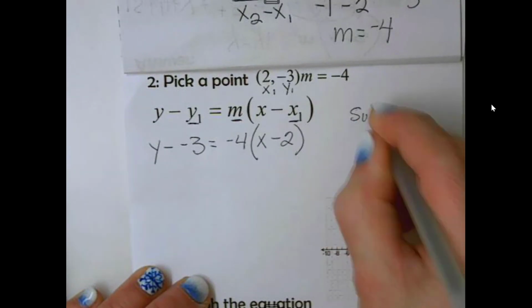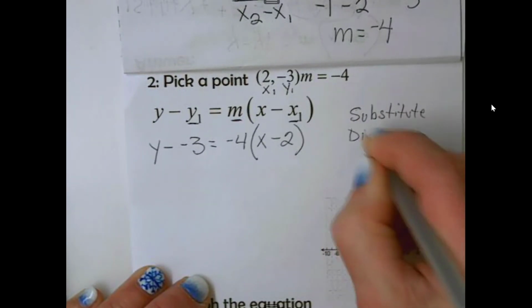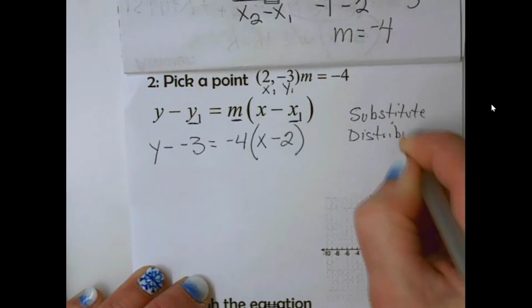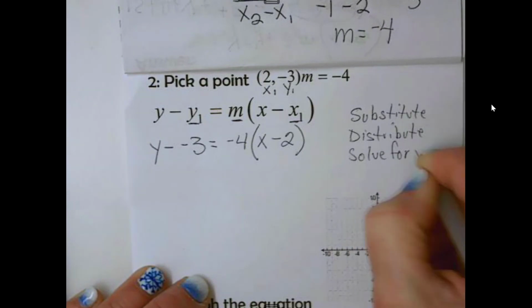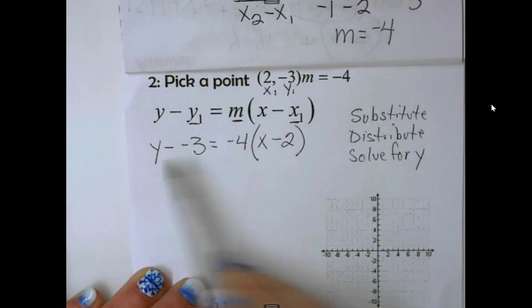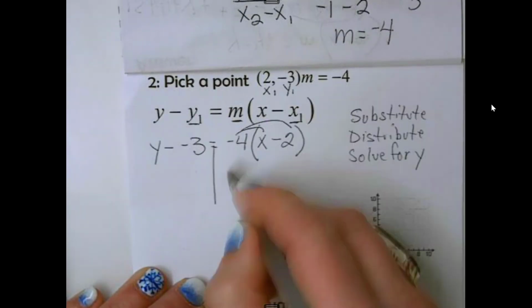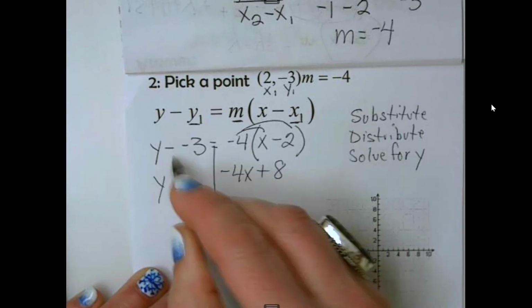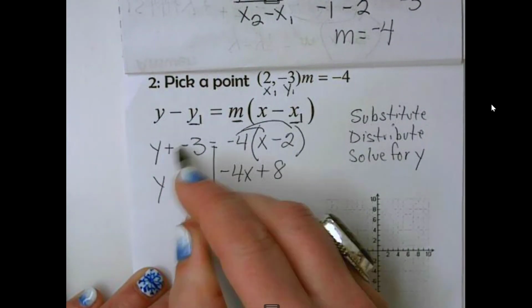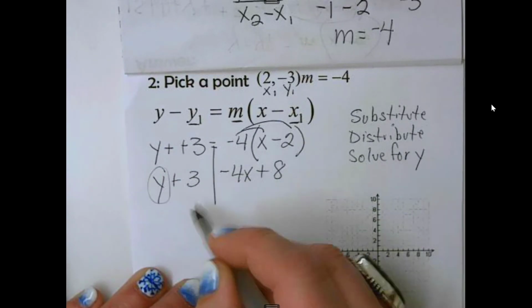Substitute, distribute, solve for y. So we have the substitution taken care of, distribute, bring down this. Sometimes we have to simplify it. Subtracting a negative becomes plus 3, and then solve for y.